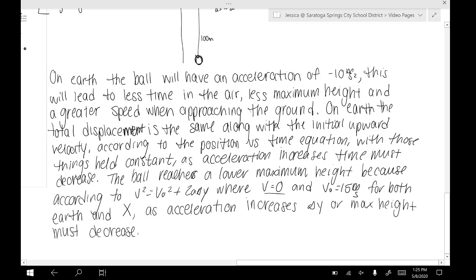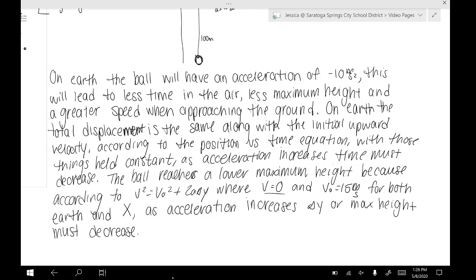In these two sentences, I've included some background information and basic physics. I've talked about what's the same for both, and the equations explaining why, even though those things are the same, we're getting different times and different heights.